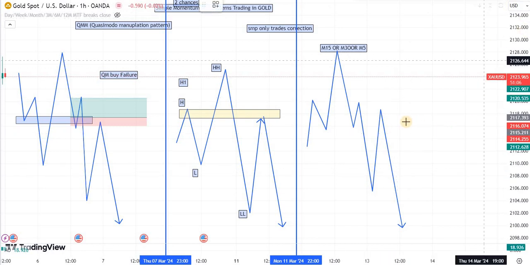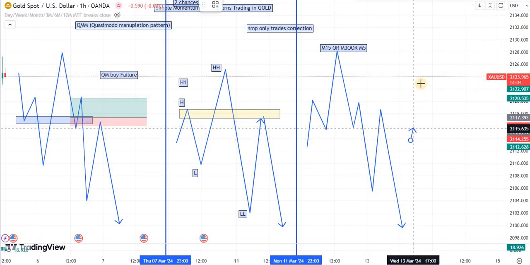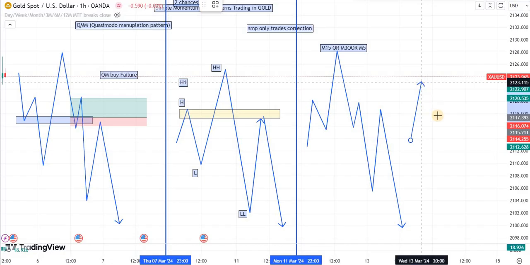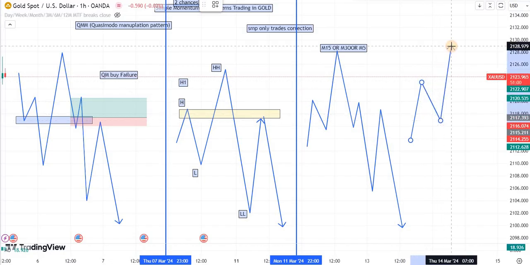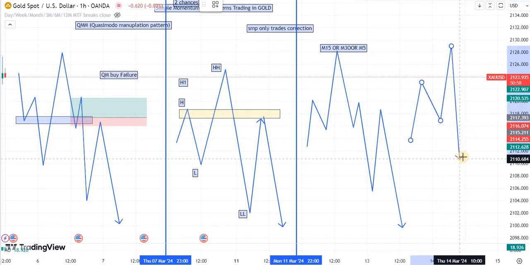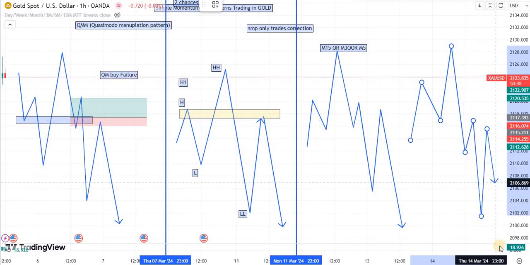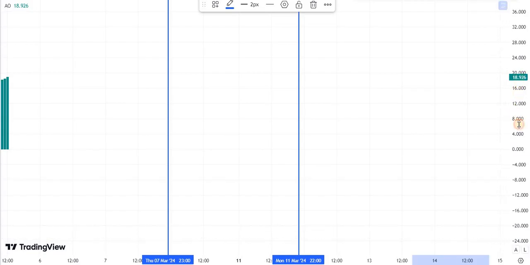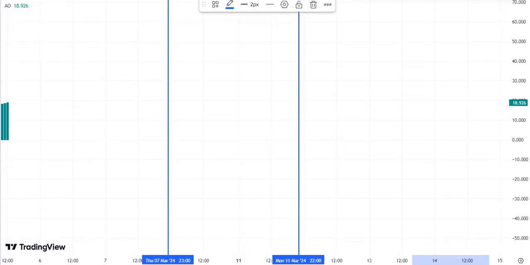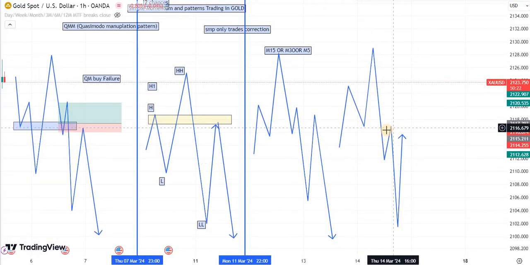The second is like this. Same as QM sell, exactly the same as QM sell. It breaks, drops, and again the market will fall. It will actually fall from this particular level.